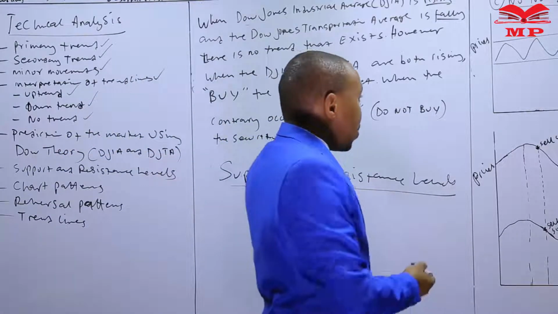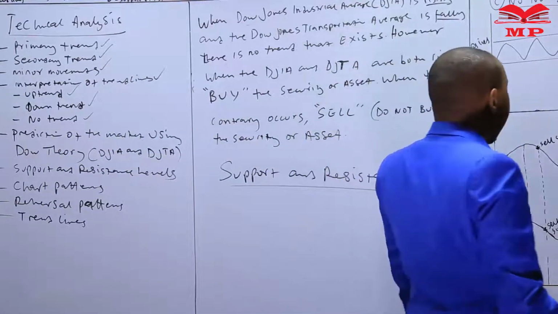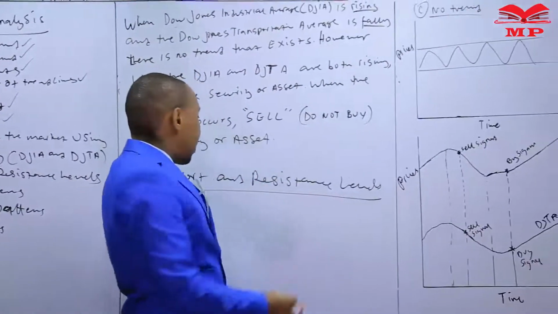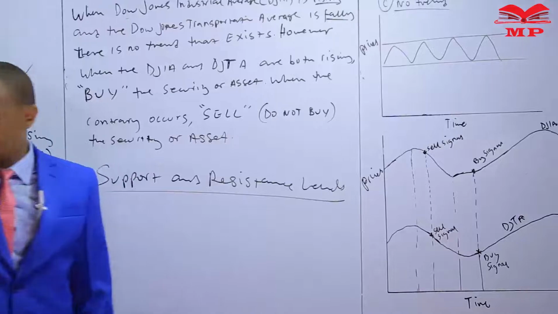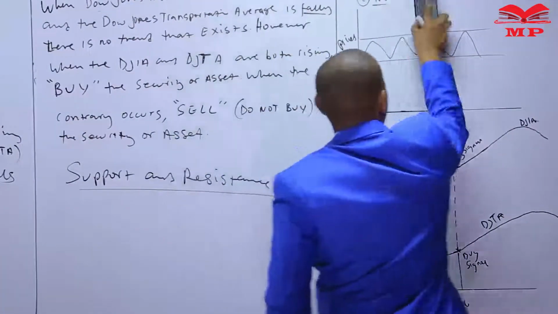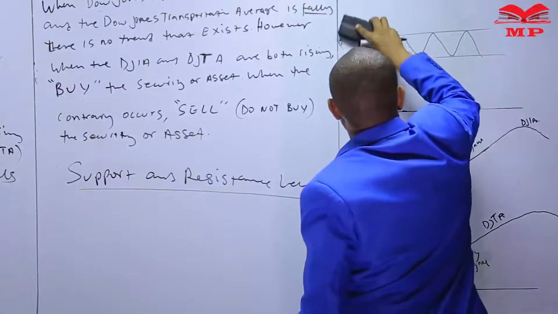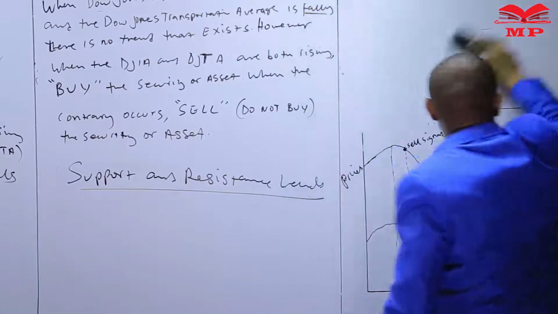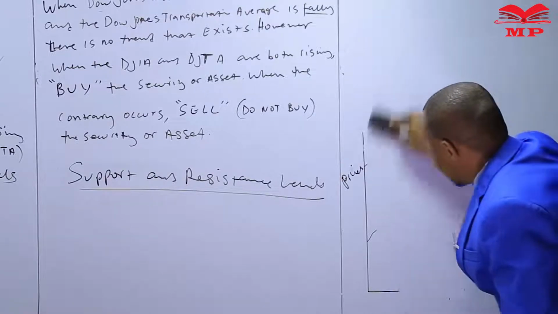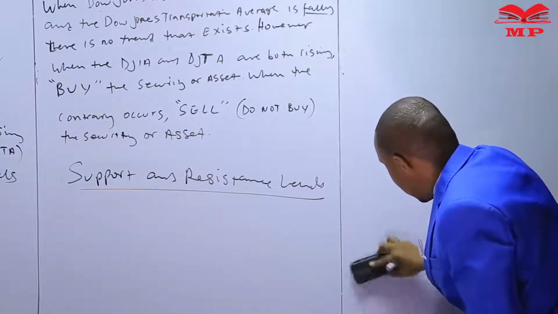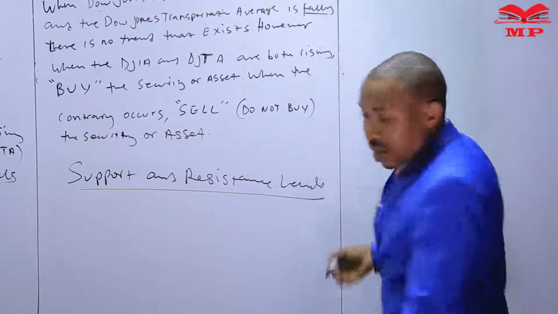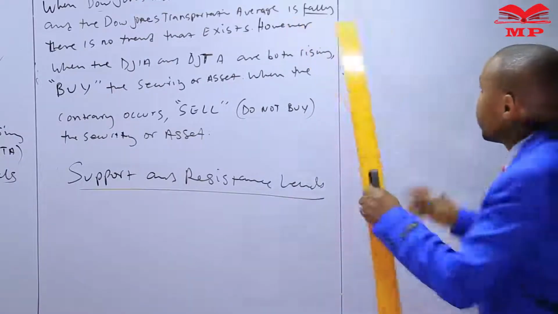Here, I move on to this other side so that I can draw a nice graph that can explain the support and the resistance levels. The graph I will draw will be indicative of when we as analysts or investors should consider buying once we identify such a trend. So we can draw it like so.